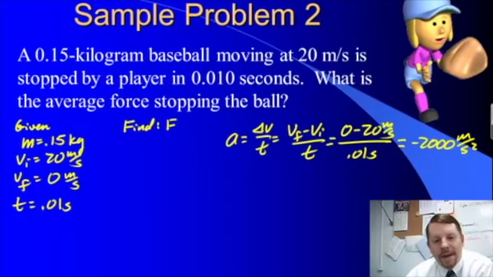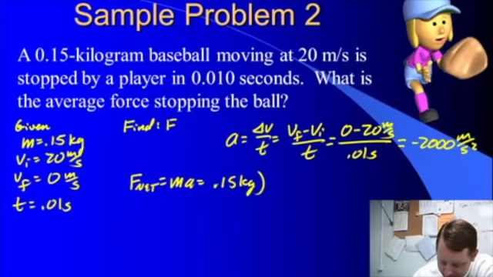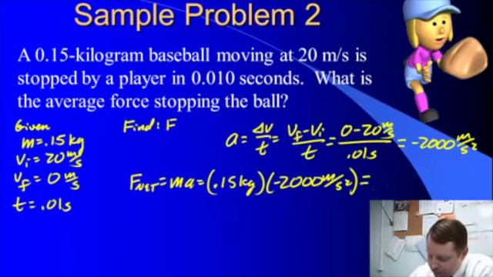All right, once we have that, now we can figure out the net force. Net force on the ball must be mass times acceleration, or 0.15 kilograms times our acceleration of negative 2,000 meters per second squared, which is equal to about negative 300 newtons.